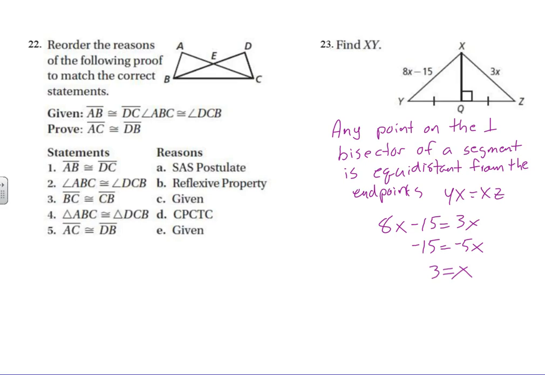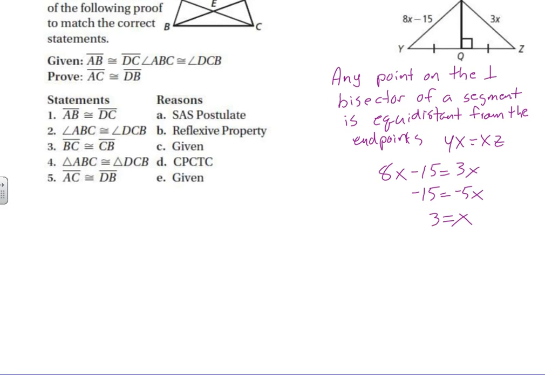Okay, so reorder the reasons of the following proof to match the correct statements. So we've got the statements in order. All right, so let's just go ahead and do this. AB congruent to DC, why do we know that? That's a given, so we'll call that C. Angle ABC congruent to angle DBC, that's also a given, so we'll call that E, that's our other given.